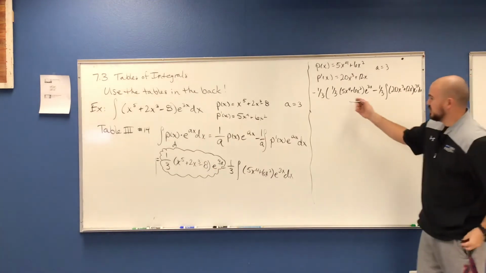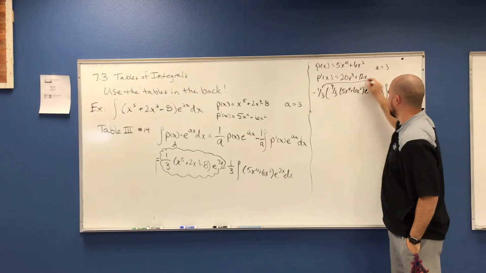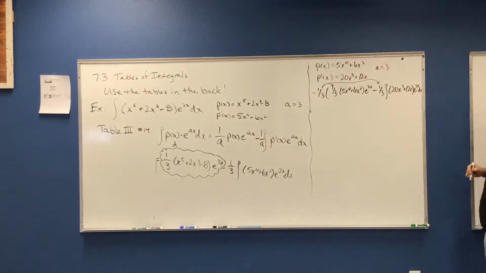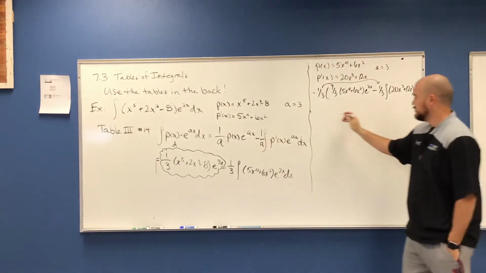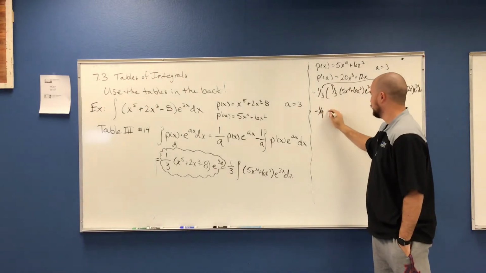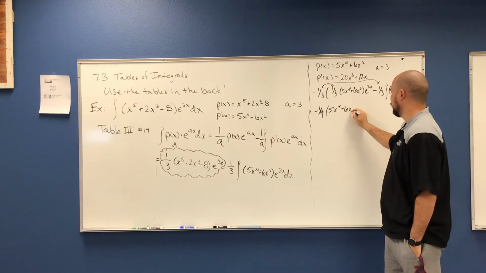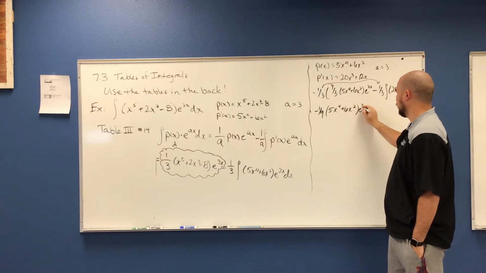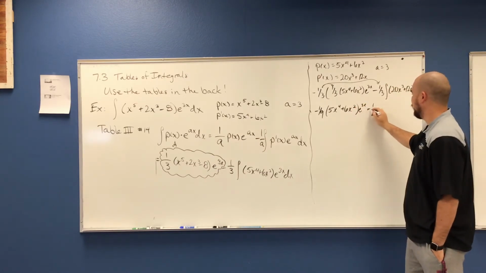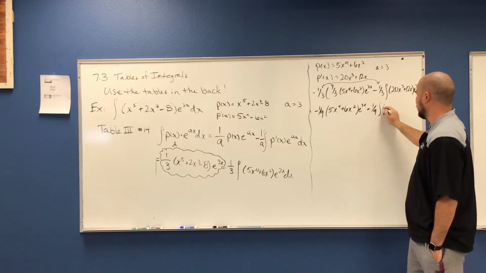Now what I'm going to do, just for some ease, is distribute that negative 1/3 in to give us negative 1/9 times 5x to the 4th plus 6x squared, e to the 3x, plus 1/9 times that integral.